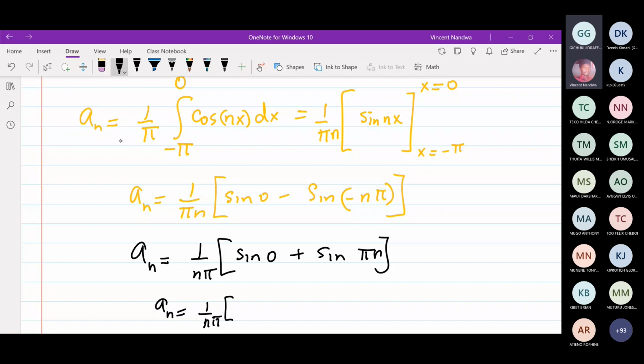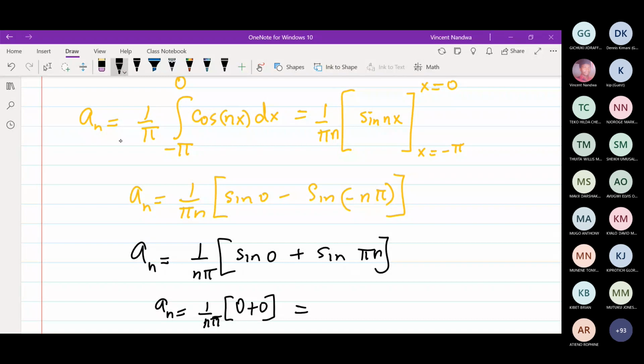So 0 plus 0 is 0, multiplied by 1 over n pi, which is 0, correct. So an is 0. So we get our second mark.